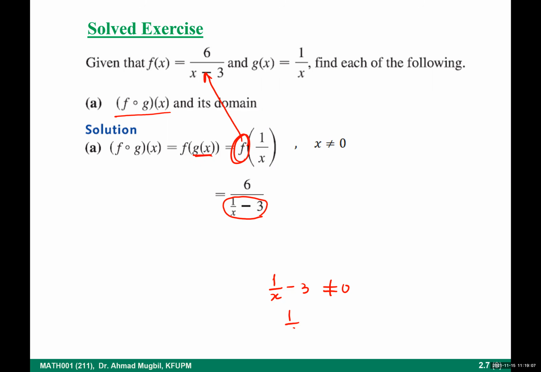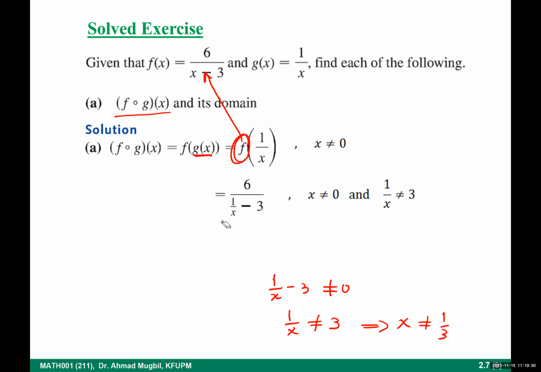Now this means that 1 over x is not what? 3, which means that x is not a third. Okay? So let's continue. Now we can, of course, simplify here. We can now write this as 1 minus 3x over x. Simplify, because x is not 0. If x is 0, we cannot do that.